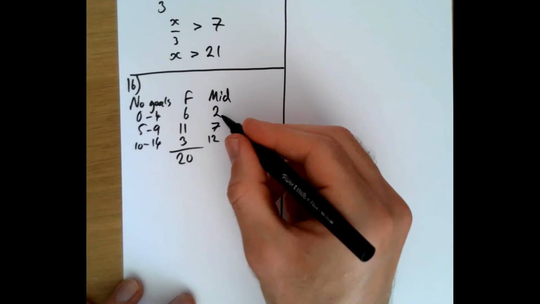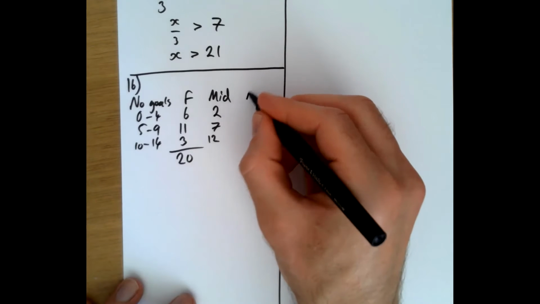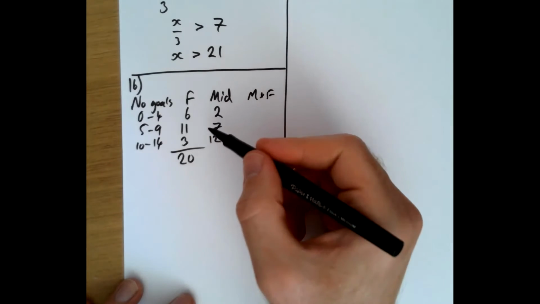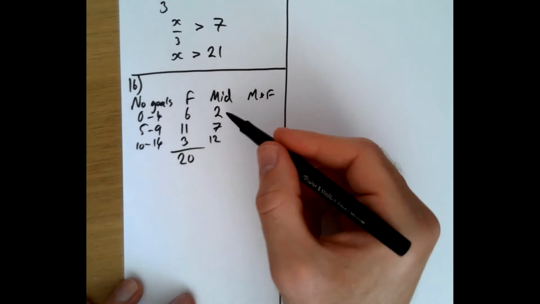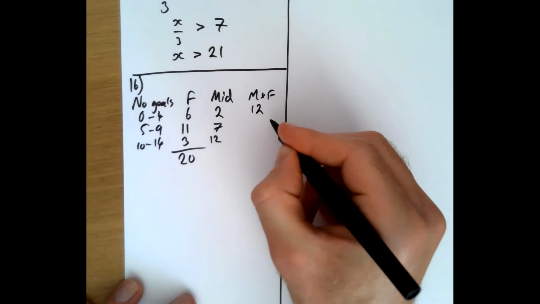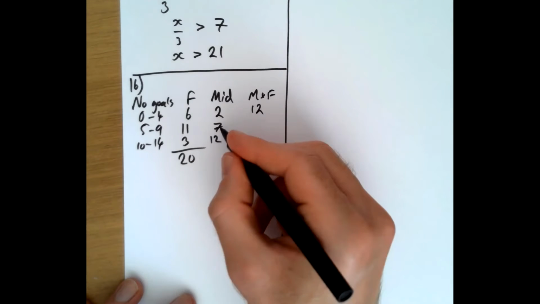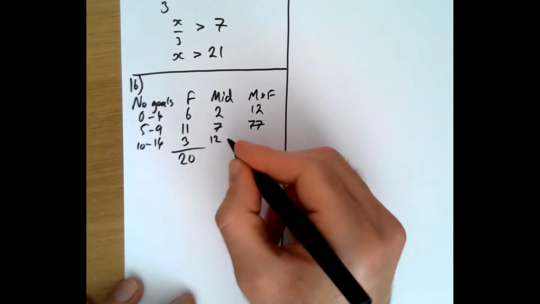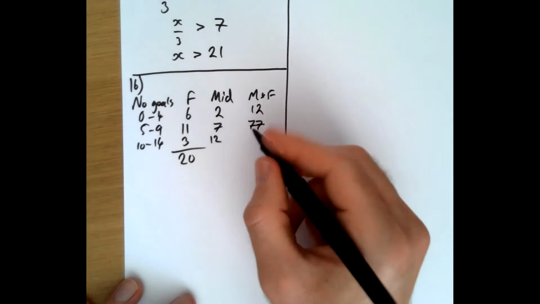And then what we need to do then is do the midpoint times by the frequency. Because we're saying, well, 6 games have on average 2 goals. So 6 times 2 is going to be 12. 11 games had on average 7 goals. So that's going to be 77. And 3 games had on average 12 goals, which is 36.